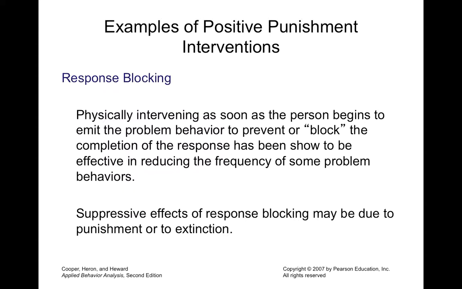The second example is response blocking. In recent research, physically intervening as soon as the person begins to emit the problem behavior to prevent or block the completion of the response has been shown to be effective in reducing the frequency of some problem behavior. So that's response blocking.